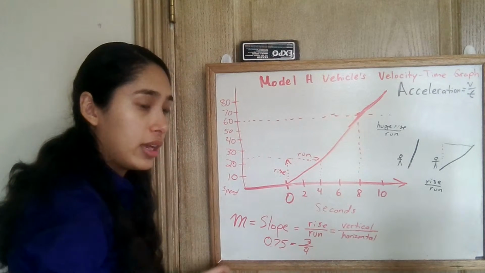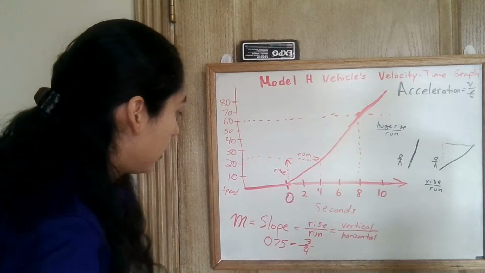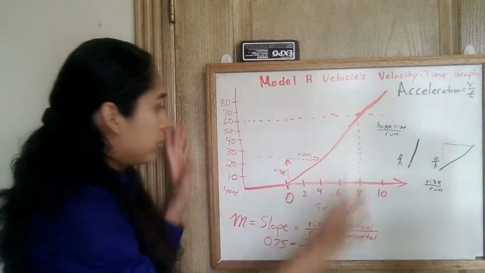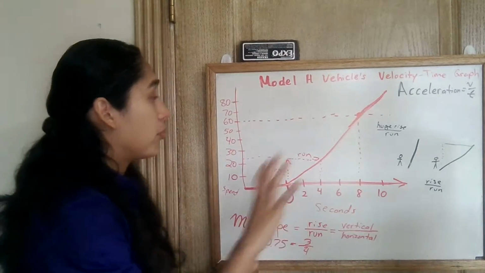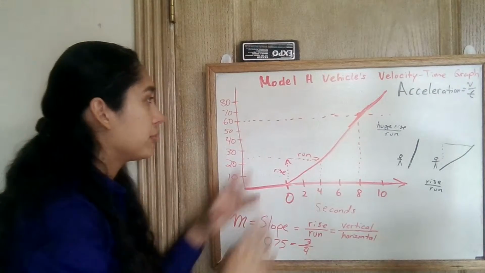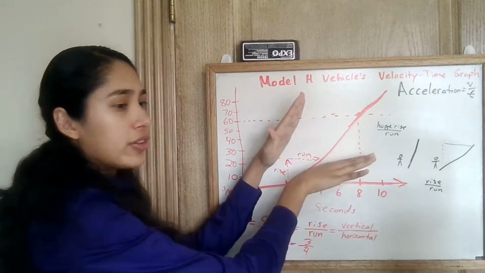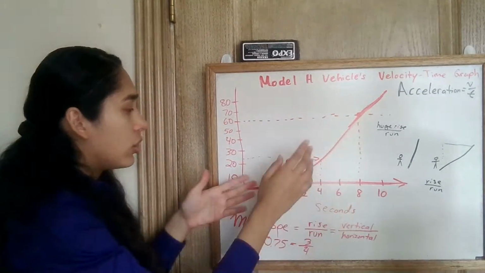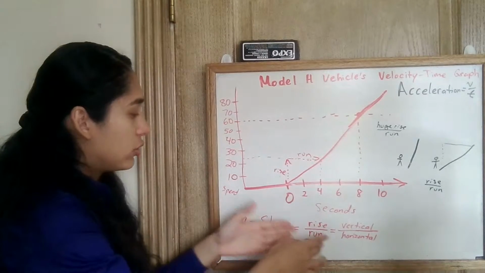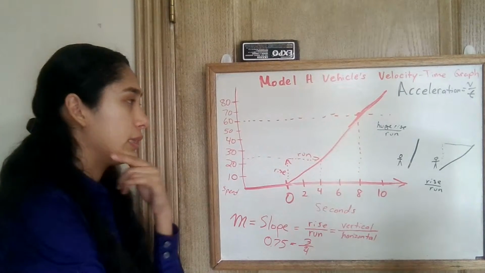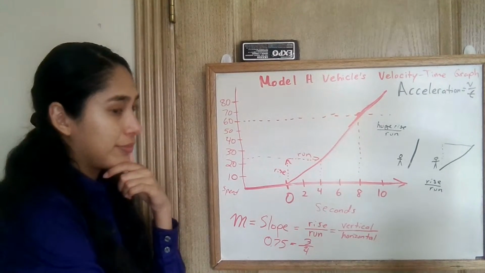I can make it like that. But let's say we're looking at a problem and we want to compare two different vehicles together. We're going to have to get the slopes, the rise over run. Hey, that's a ratio.